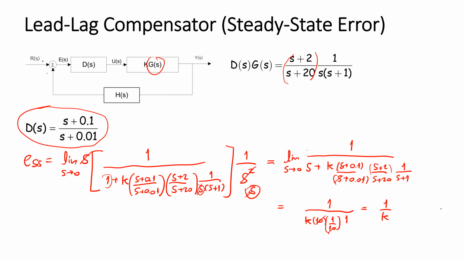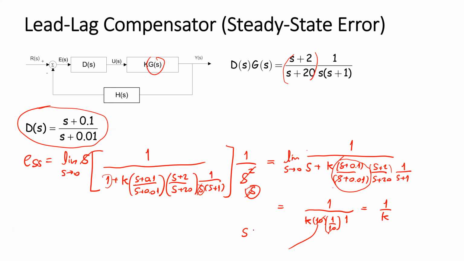But when we add a lag compensator, it depends on the magnitude between the pole and the zero of the lag compensator.